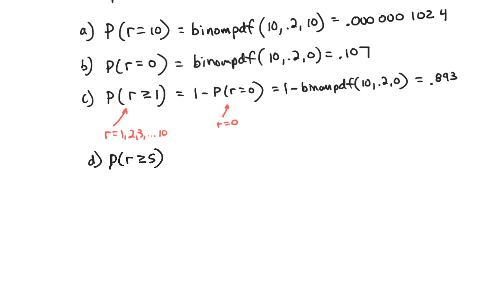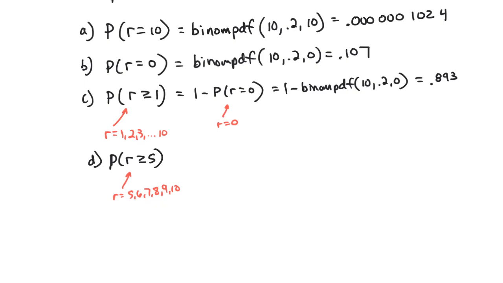Greater than or equal to 5. Well, again, we've got this greater than part, which is a problem, right? 5, 6, 7, 8, 9, or 10. Well, we can't use binomial CDF here because it won't let us start at 5. So we're going to find all the rest and subtract it from 1, right?